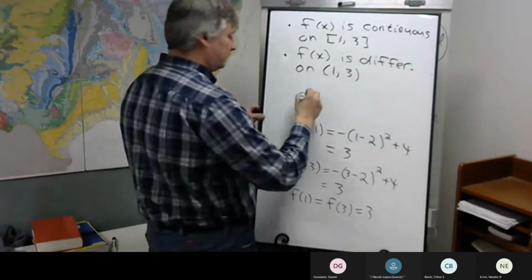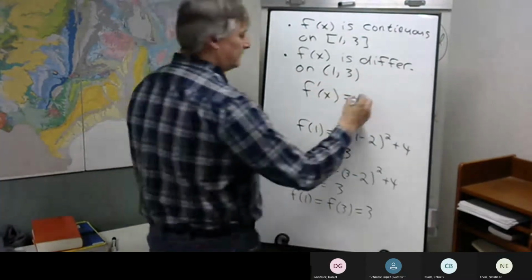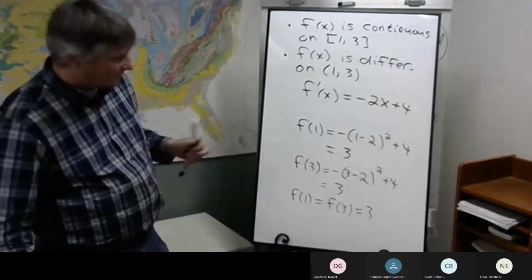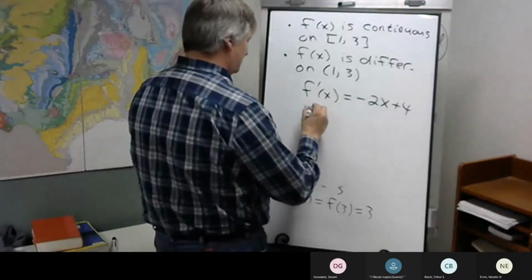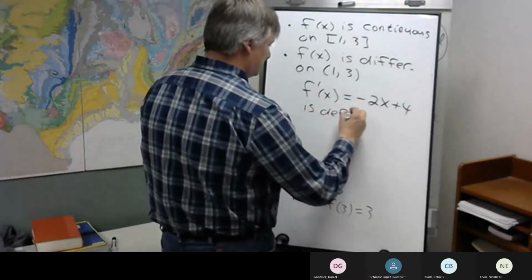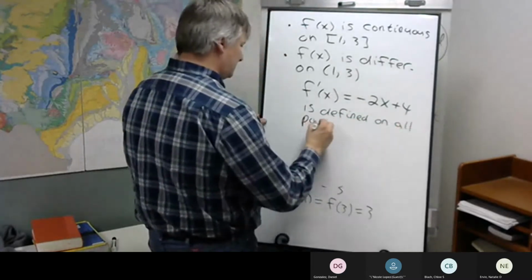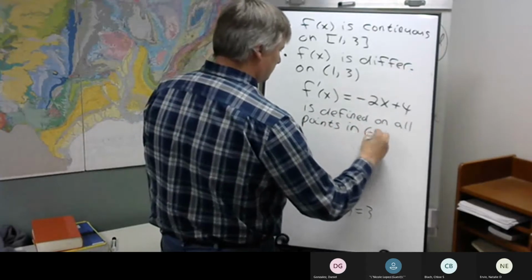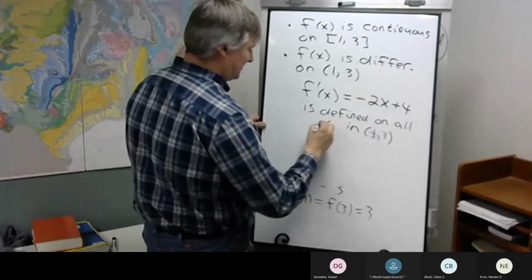Because if we recall what the derivative was, f prime of x was negative 2x plus 4, is defined on all x in (1, 3). Say all x, not points.